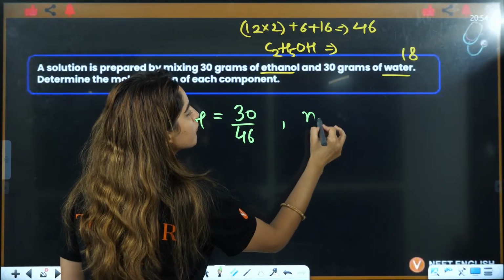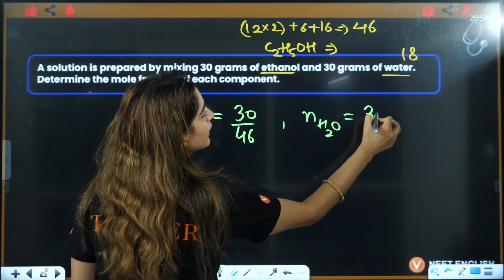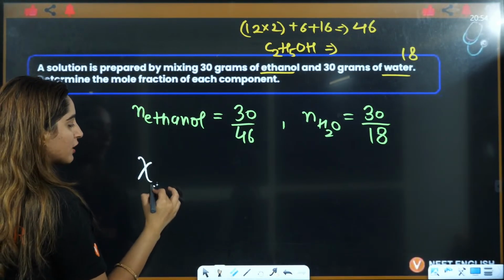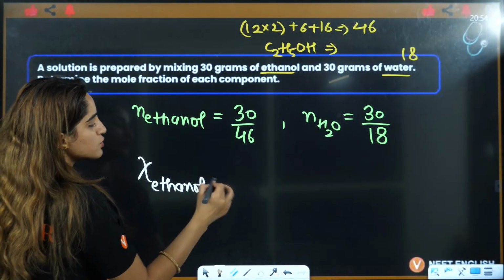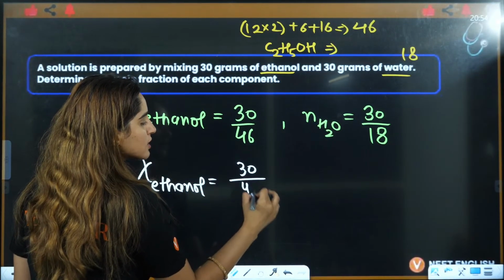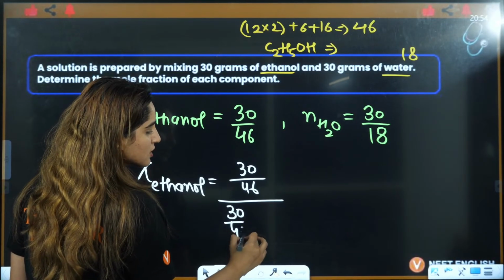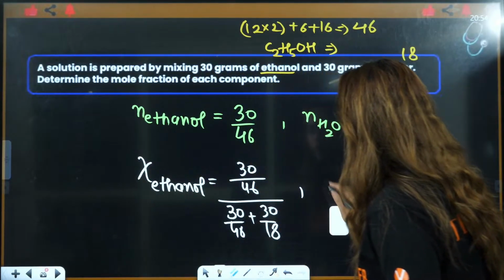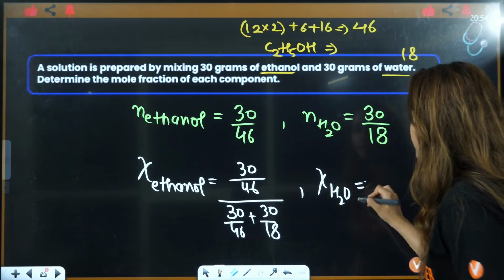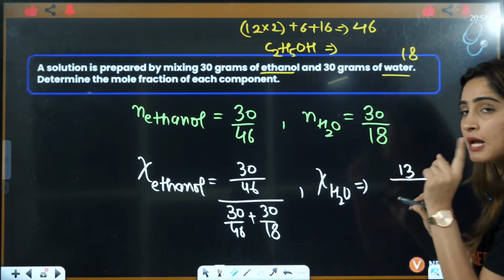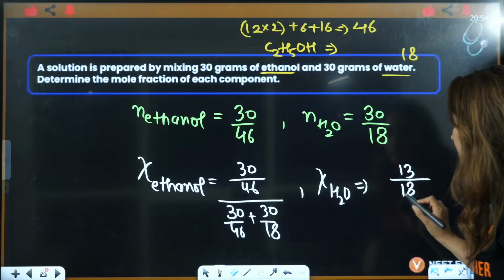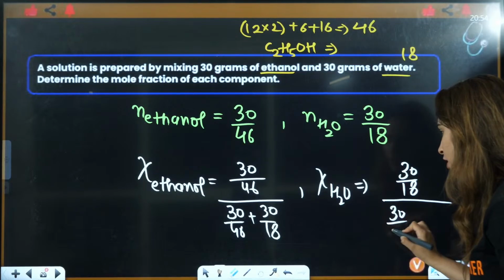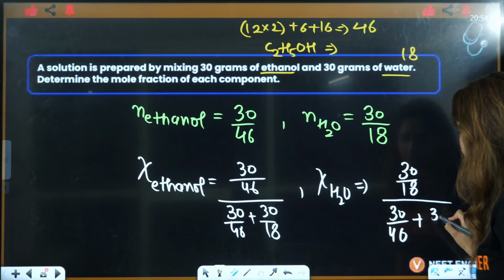Number of moles of water is going to be 30 by 18. Now mole fraction of ethanol is going to be 30 by 46 divided by 30 by 46 plus 30 by 18, and mole fraction of water is going to be 30 by 18, number of moles of water, divided by 30 by 46 plus 30 by 18.